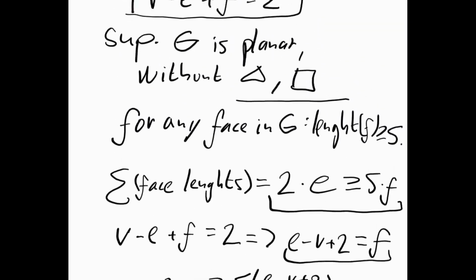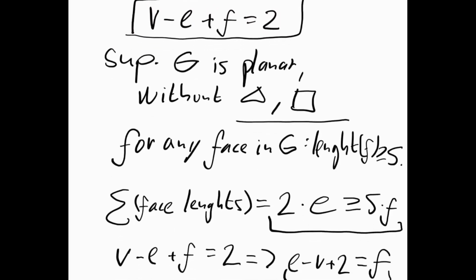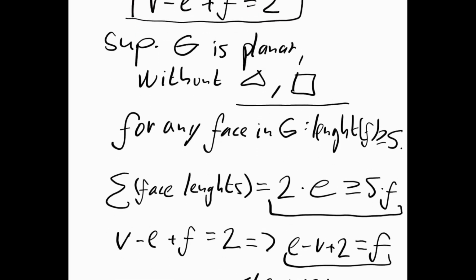So basically the whole idea was to look for some estimate of the number of edges in relationship to vertices if we have a planar graph and the smallest cycle inside it as its subgraph is 5 and higher. There's no 3 cycles or 4 cycles, so all must be higher. And if that's so, we can first of all count the addition of all face lengths as 2 times the number of edges.